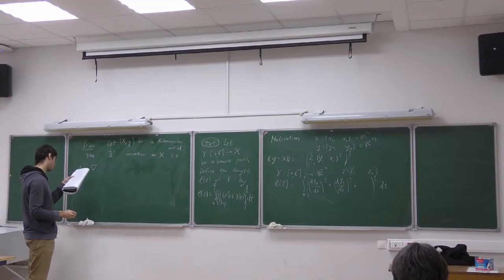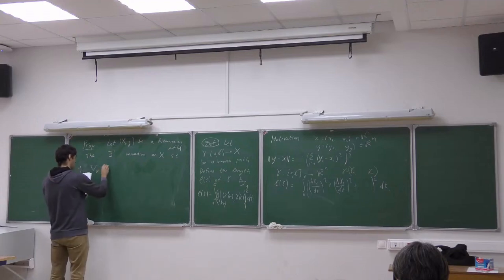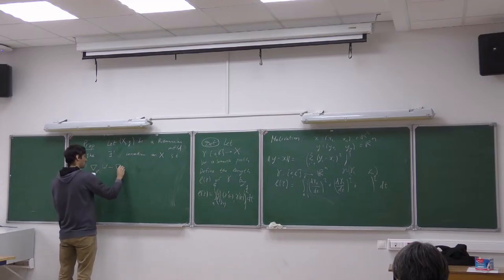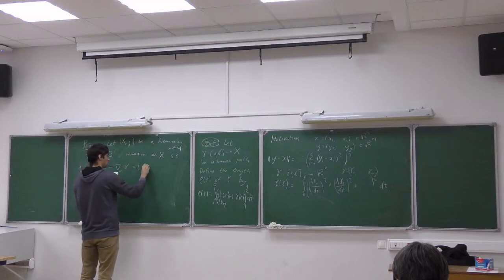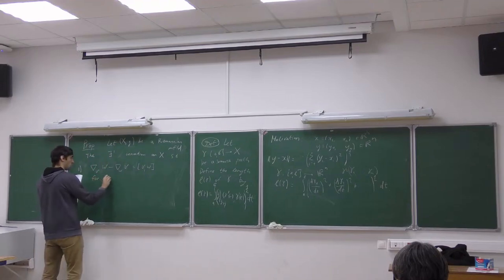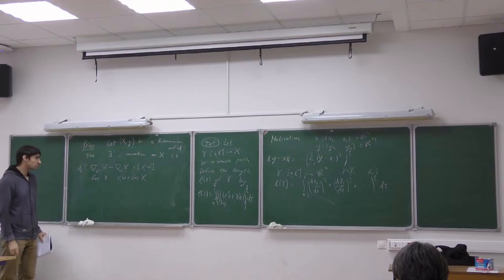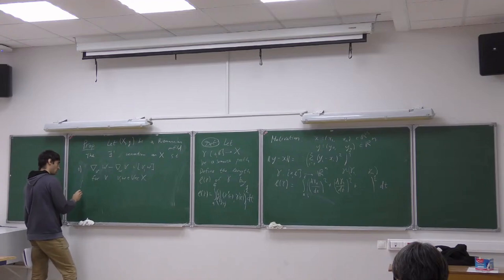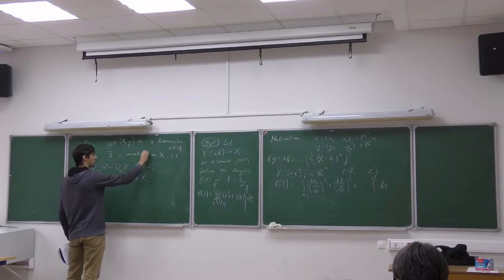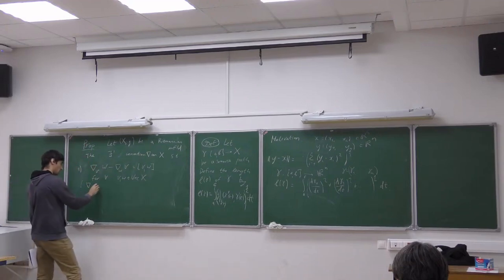So first, it has no torsion, and it means this: nabla_v w minus nabla_w v equals the commutator of v and w, and this is for any two vector fields on X. So this just means in words that the connection nabla has no torsion.